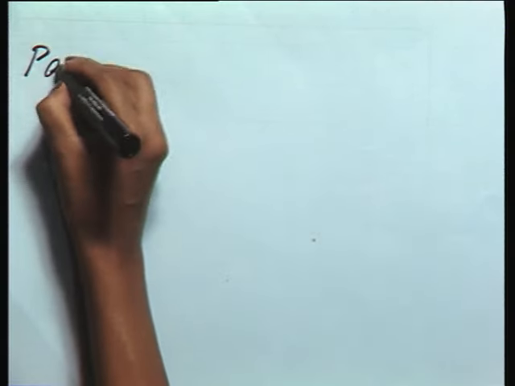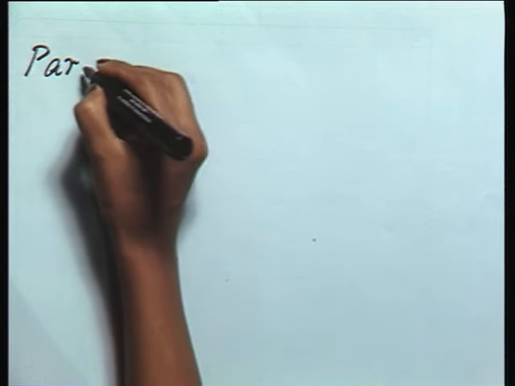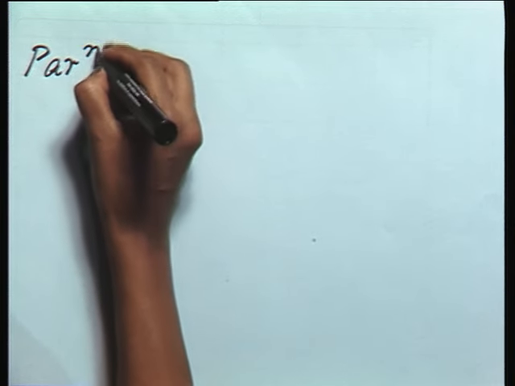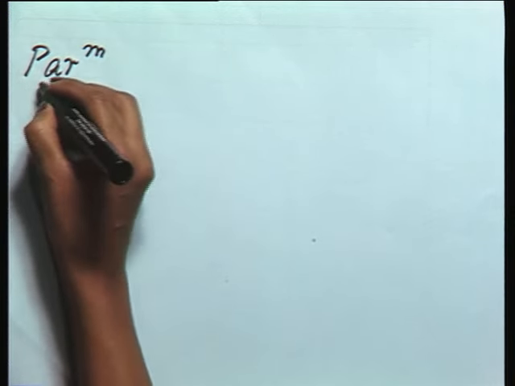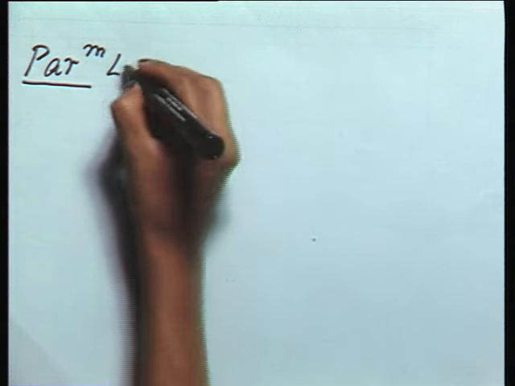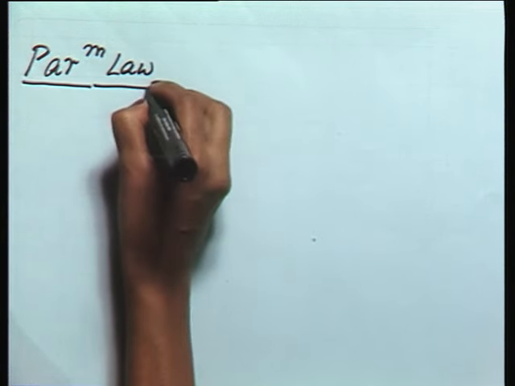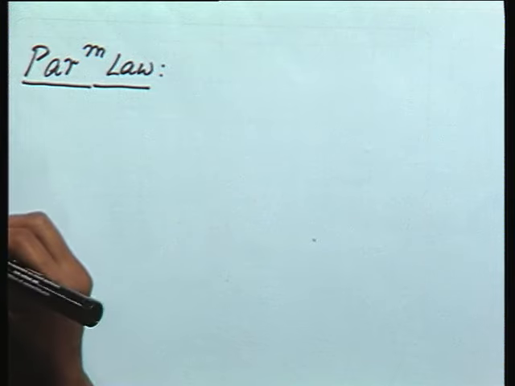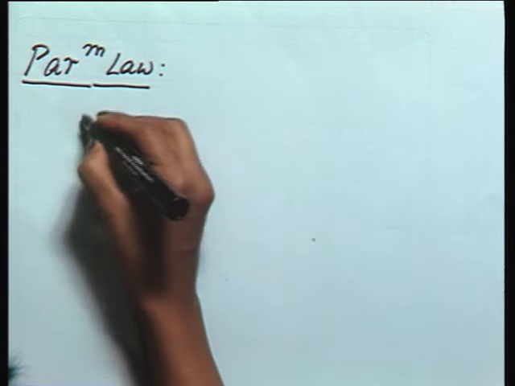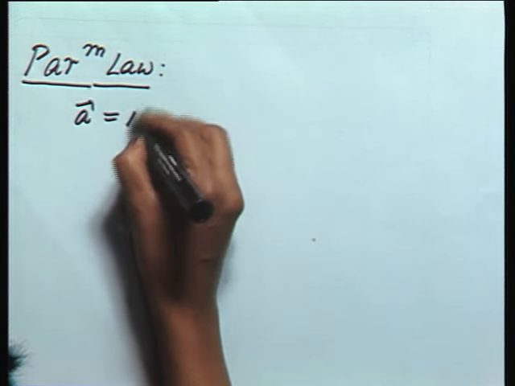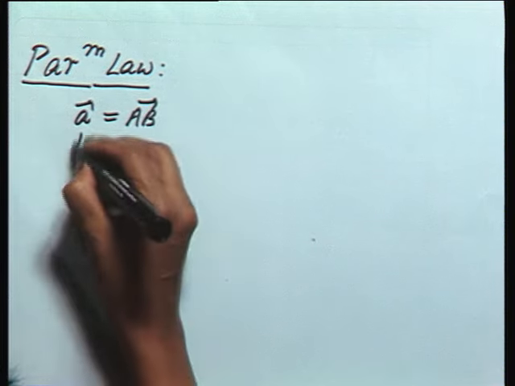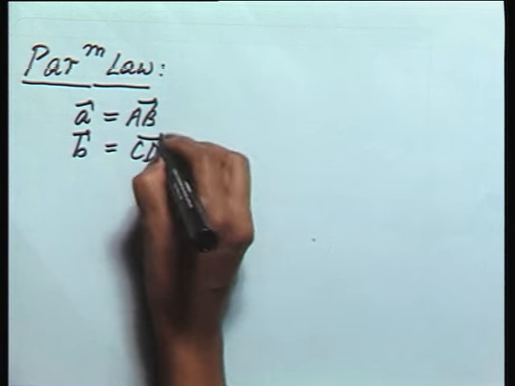And now let us go on to the parallelogram law of addition. Do you know the spelling of parallelogram? In that case, I will just use a short form, PAR with an M on top of it. The parallelogram law of addition. Let us start once again with the vector A equal to AB and B equal to CD.